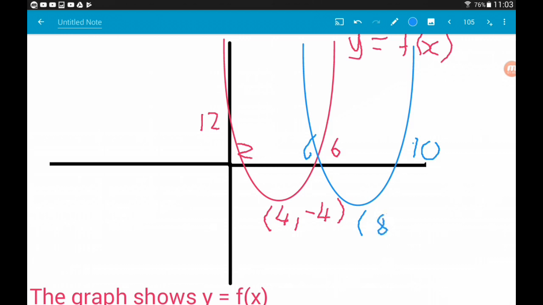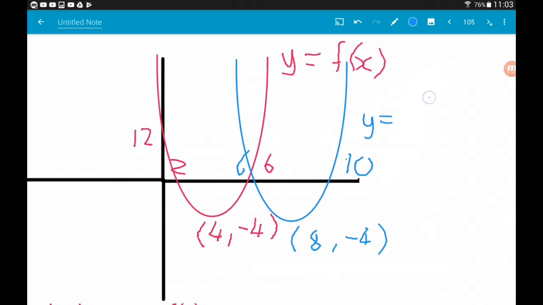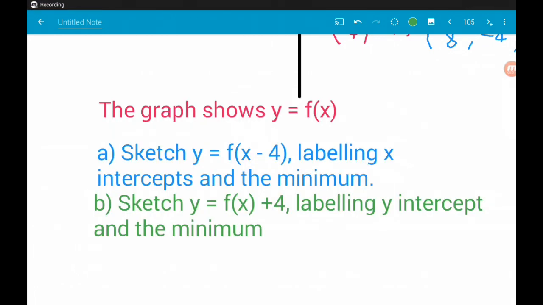And the y coordinate is going to be exactly the same, minus 4. So that is our sketch, y equals f of x minus 4.